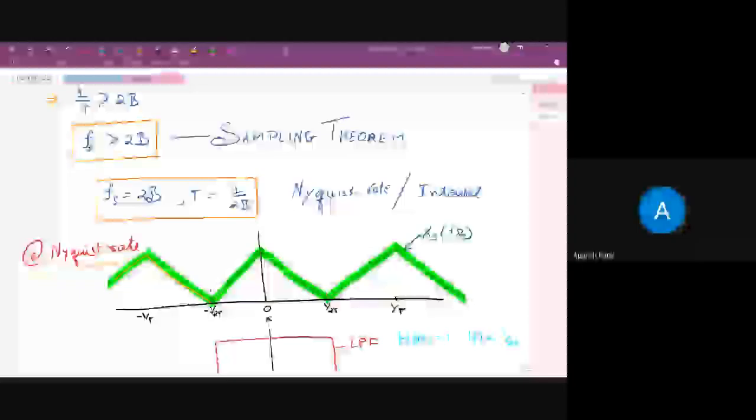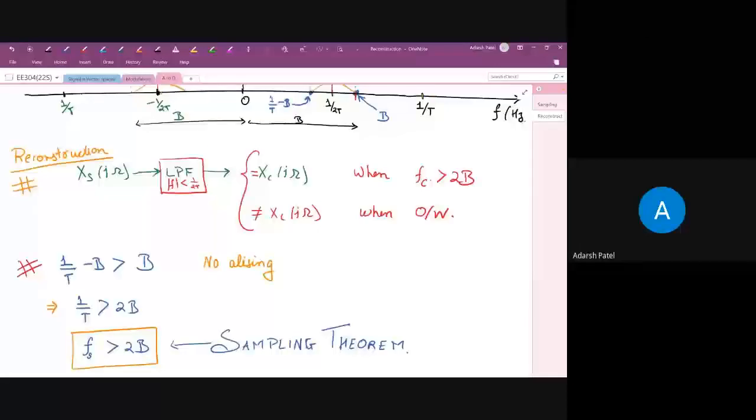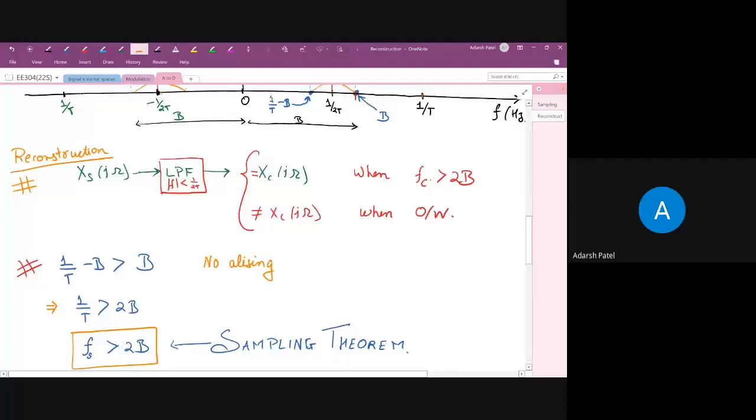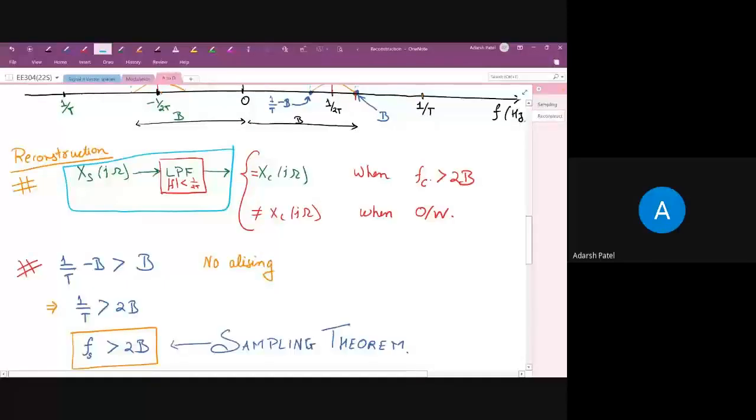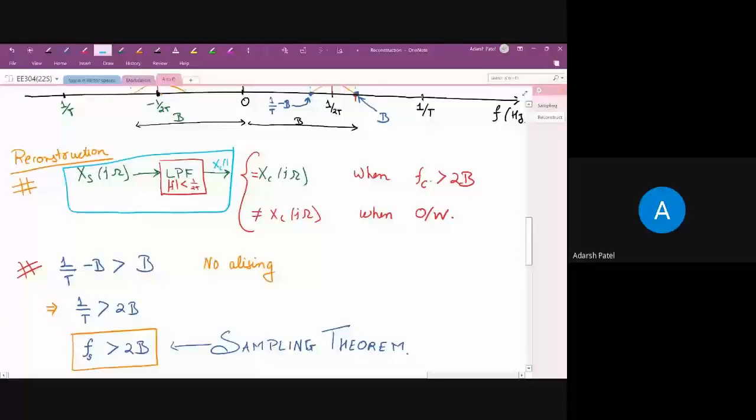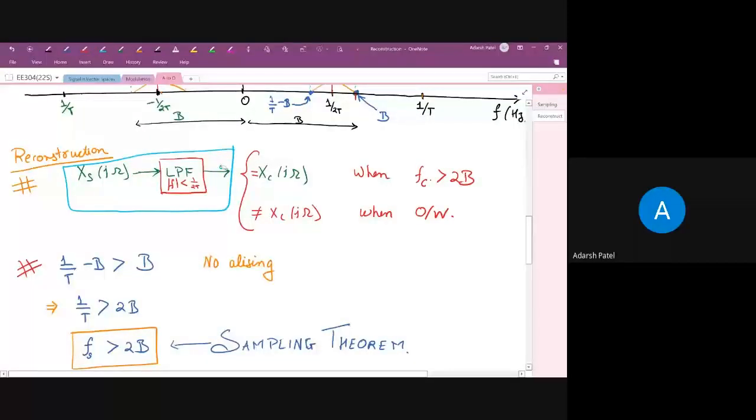If I see this complete block diagram, how do we get the resultant Xc(f), or Xc(j omega)? That will be the multiplication of these. Yes or no?